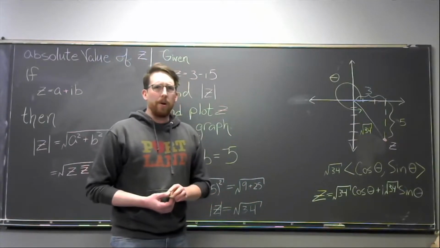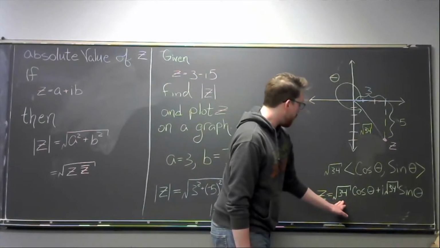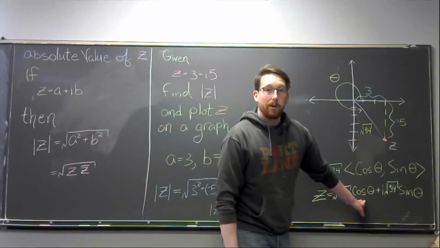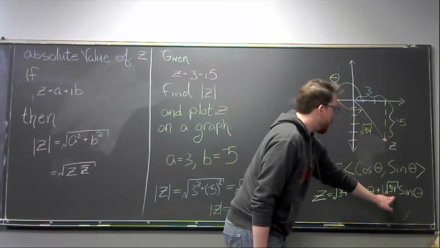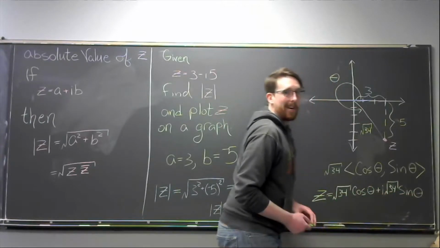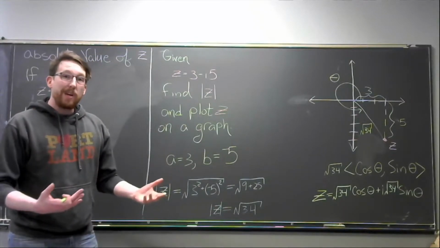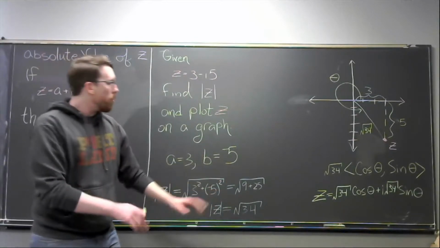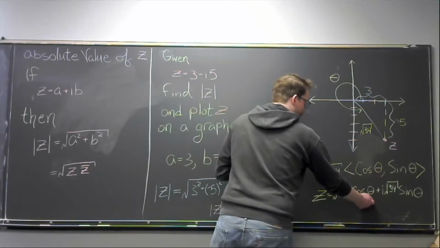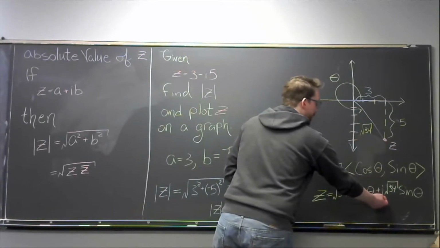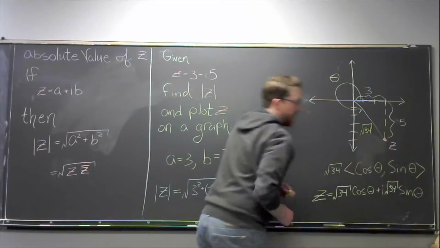Yes. So that must mean a is equal to the square root of 34 times the cosine of our angle, and b is equal to the square root of 34 times the sine of our angle. So we can rewrite our complex number as the square root of 34 times the cosine of theta plus the imaginary number times the square root of 34 times the sine of theta.